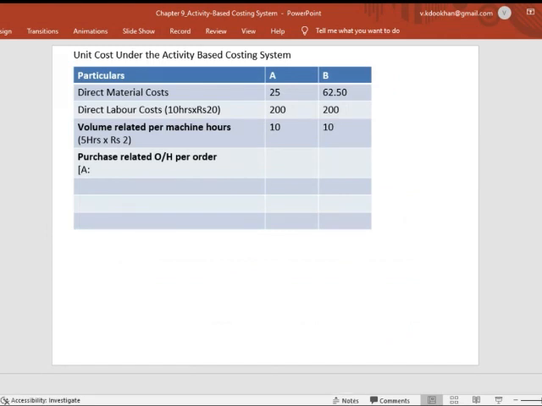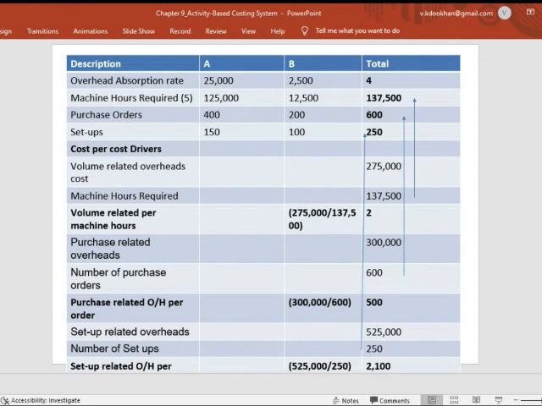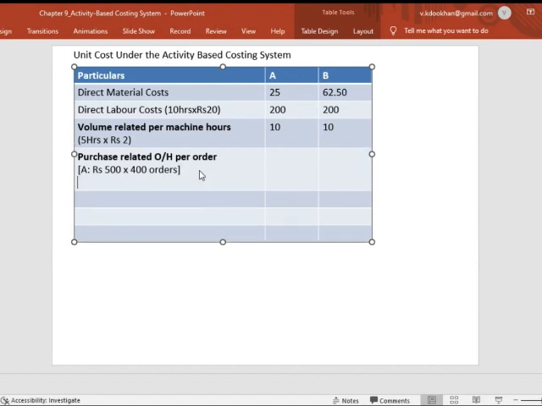Here we are going to have 400 and 200. The 500 is here. So 500 multiplied by 400 orders, the same for B, 500, and for B it is 200 orders. So that we can put it there.